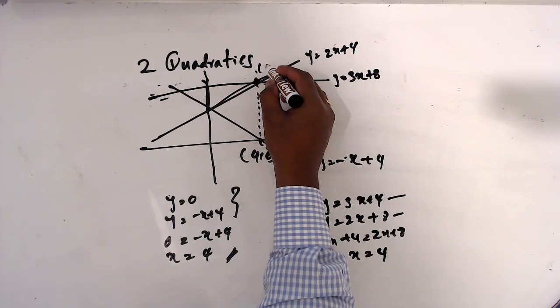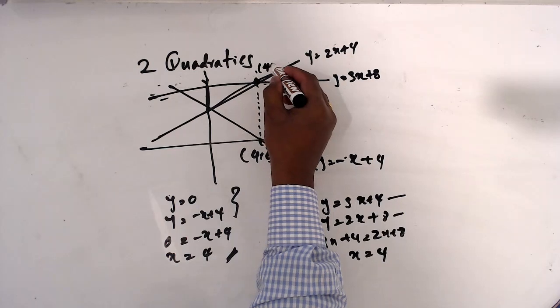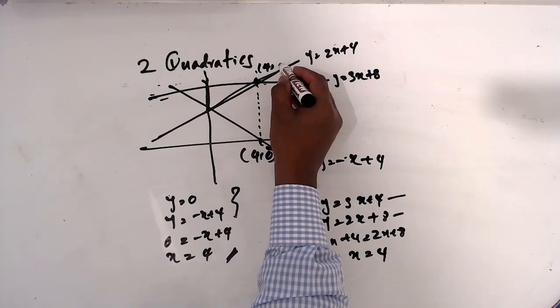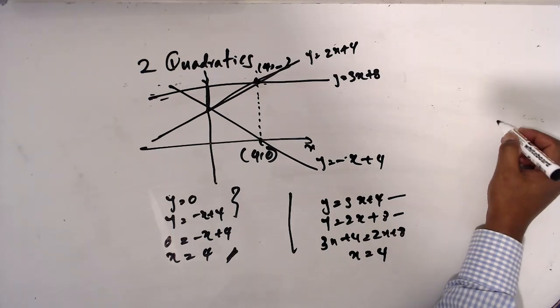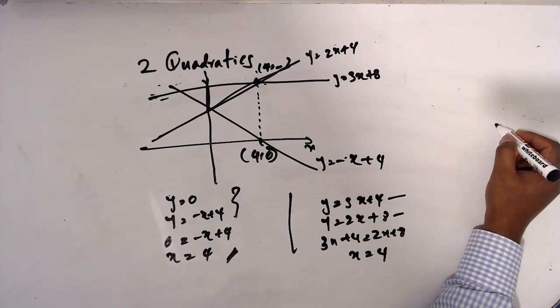Now it has the x value 4, and we don't need a y value. What I want to say is, when I ask this question from you, right?